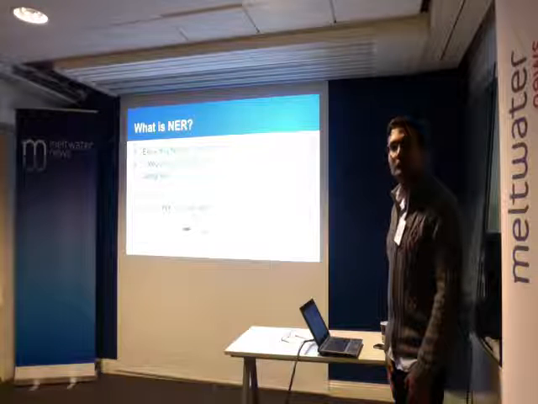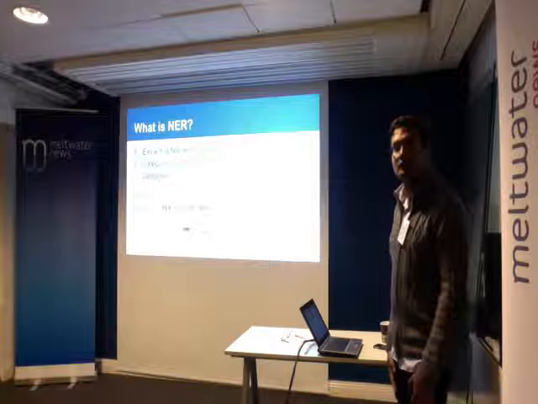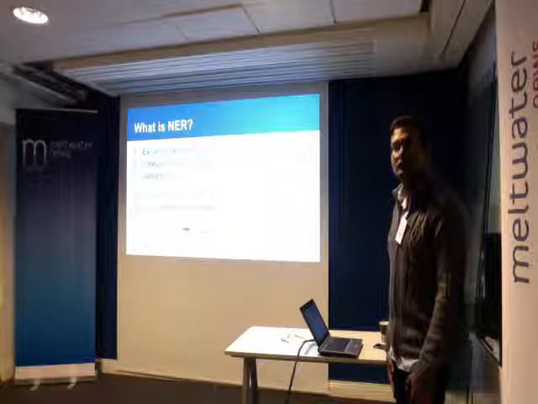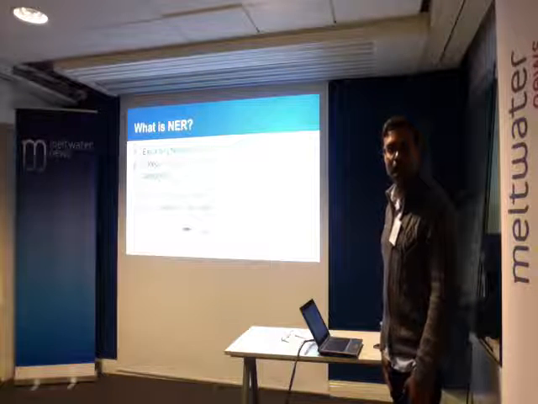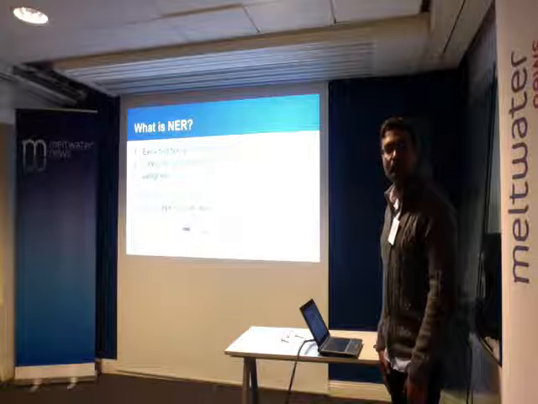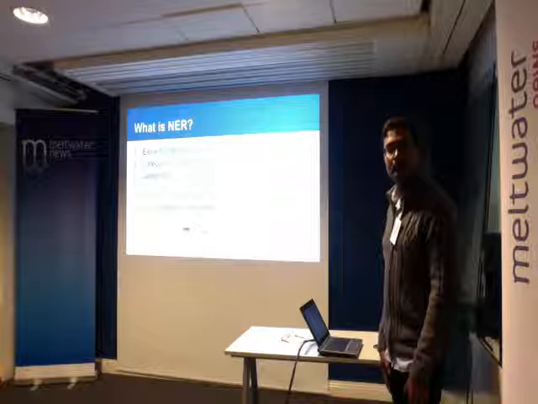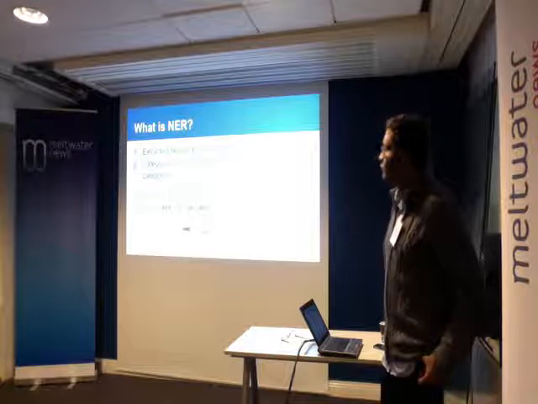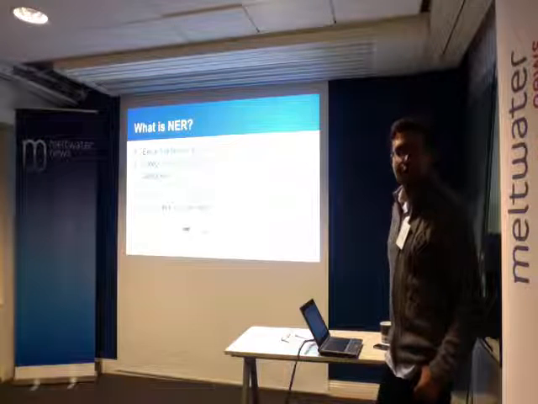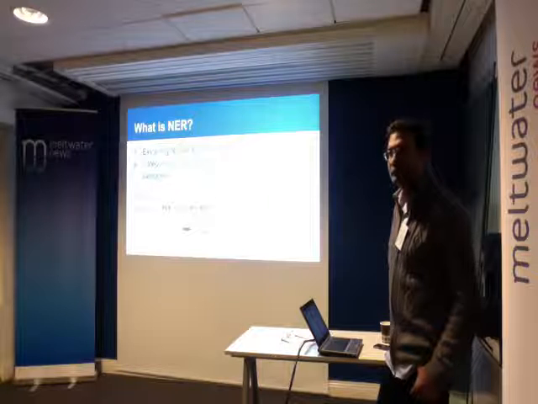But in news articles, especially considering the customers, usually these 5 categories will help. And then if you look into the state of the art, most of the results that you see are from the first 4: person, location, organization, and miscellaneous.